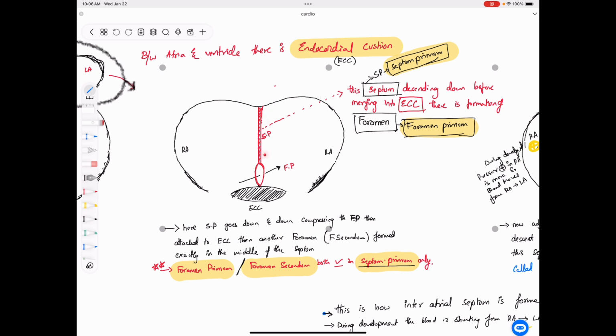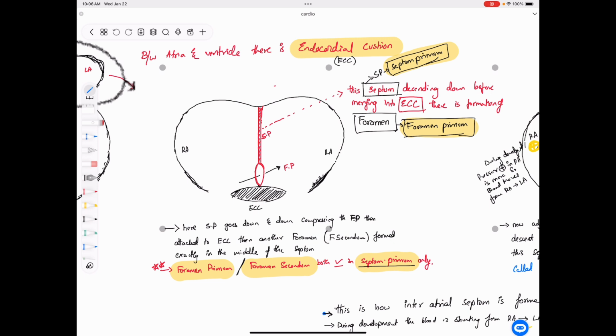You can see here this is septum primum. Okay, let's talk about the formation of septum primum. So a thin crescent shaped tissue called septum primum grows downwards like this from the roof of the common atrium towards the endocardial cushion.